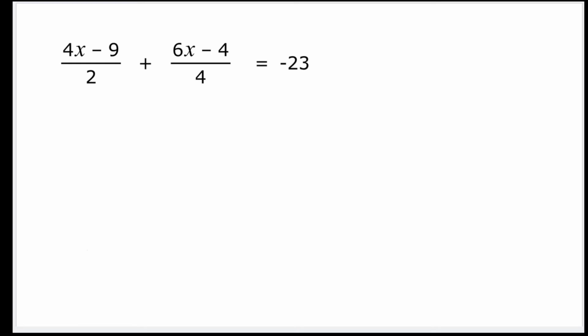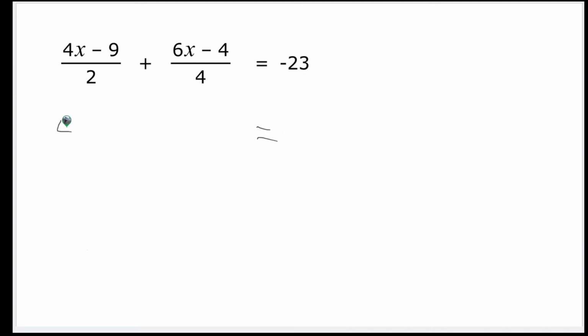So this one here, I could times by 2, then times by 4. But if I times by 4, it gets rid of both of the fractions, both of the denominators straight away. So times everything by 4, and that means left and right of the equals sign.